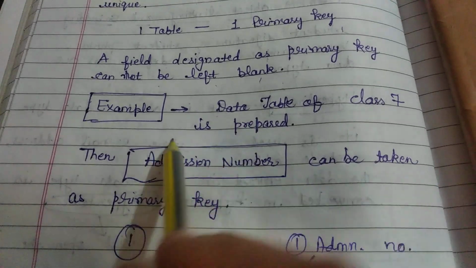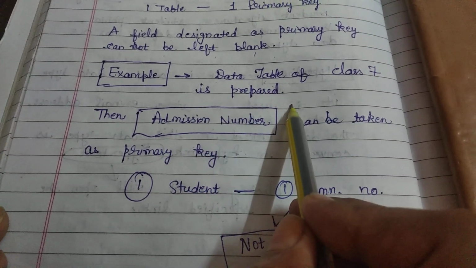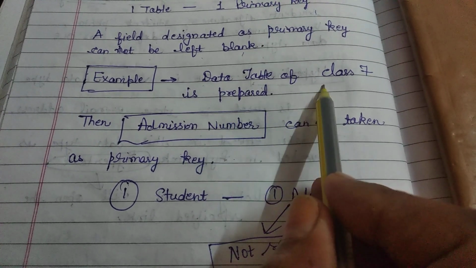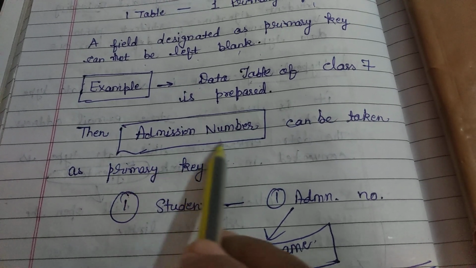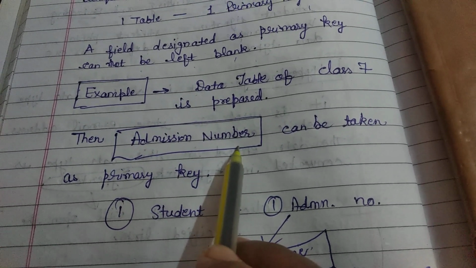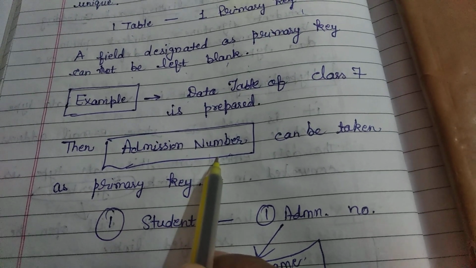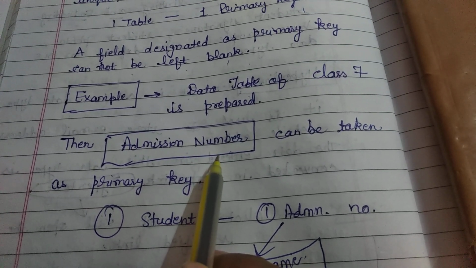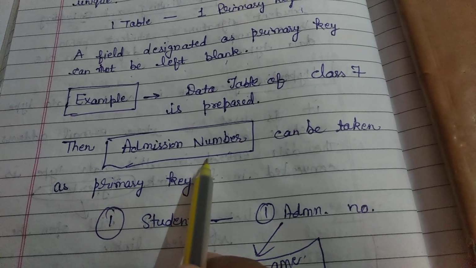For example, a data table of class 7 is prepared. Then we can take admission number as primary key. Why? Because admission number of each and every girl is different, unique. Names of two girls can be the same, so name can't be primary key.